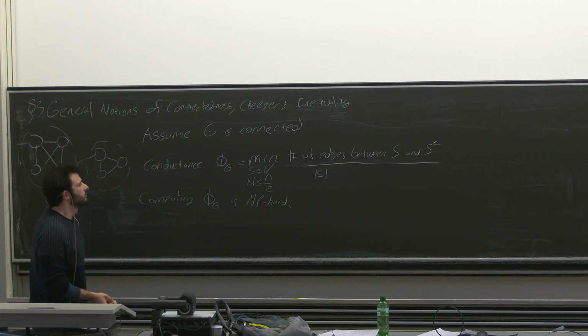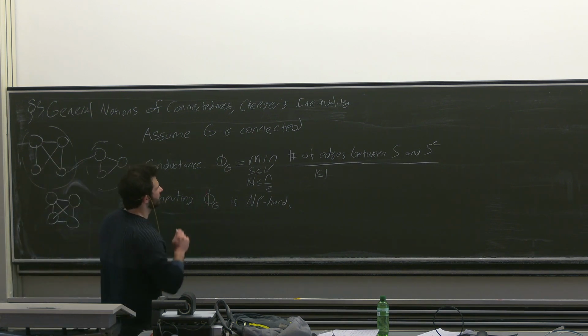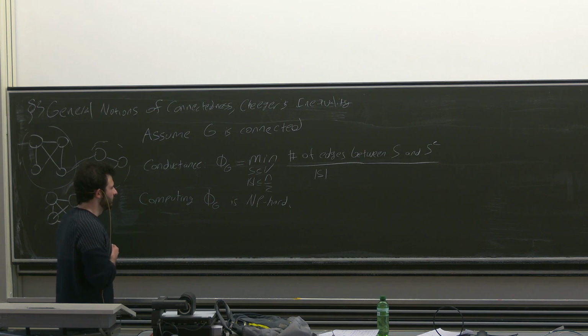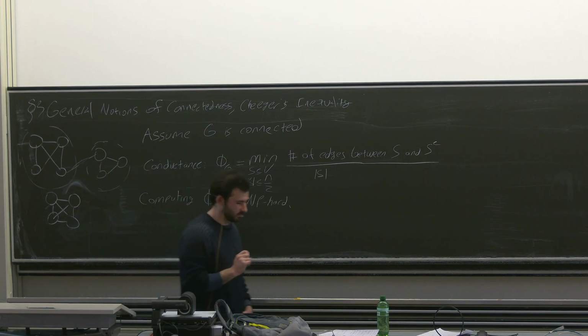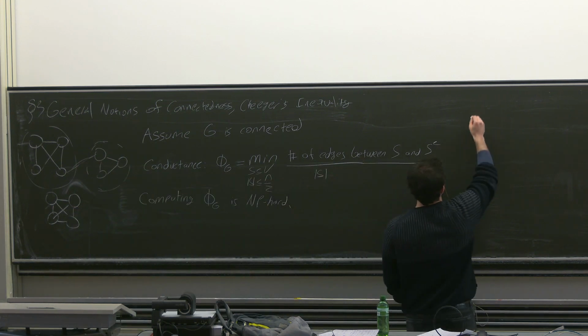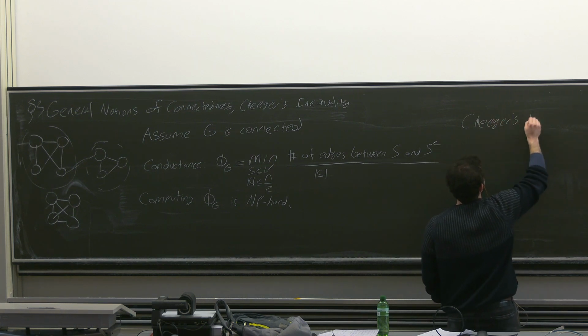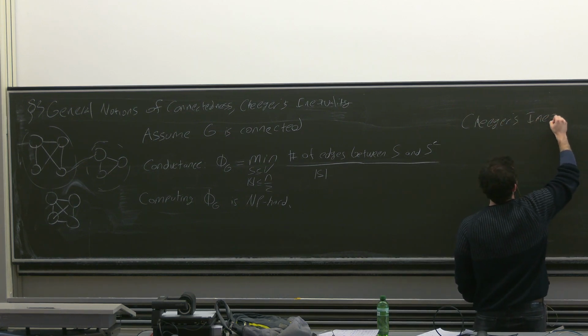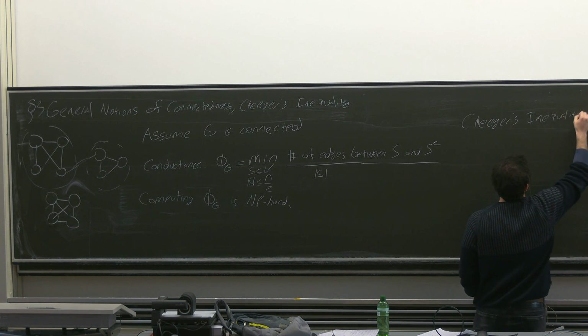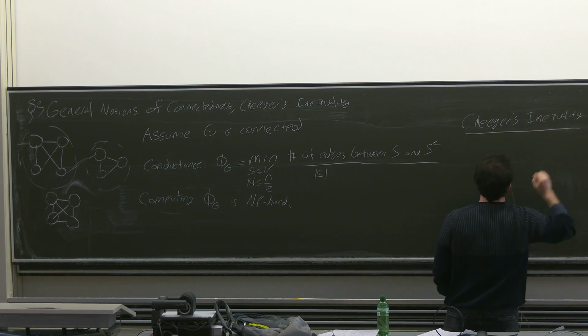So we don't know polynomial time algorithms for this, but I will show by Cheeger's inequality that you can actually get an approximation of this measure phi G using spectral methods. This is just Cheeger's inequality. We're not going to prove it. The proof is quite complicated, but the statement will be enough to get some insights.